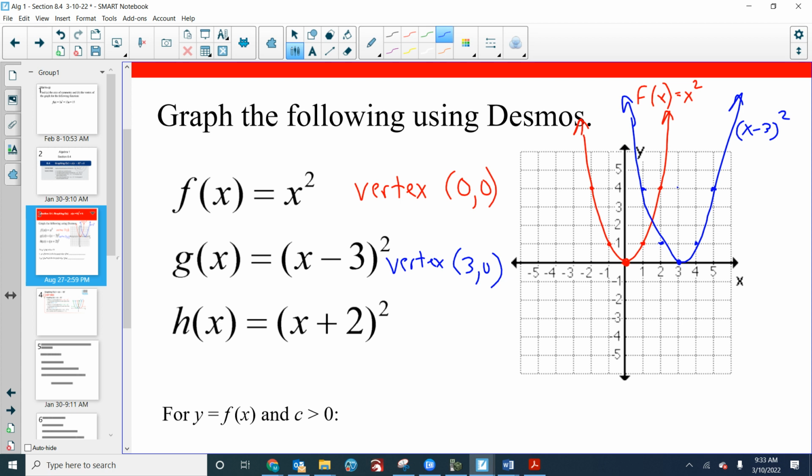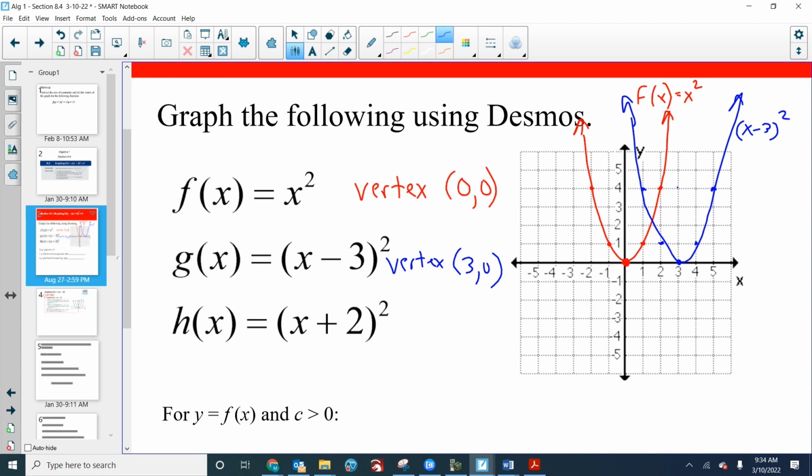What do you think's going on with our next one? It's x plus 2 quantity squared. It's in the parentheses, so it's going to be a left or right movement, right? What do you think, Aaliyah? 2 to the left. It's going to go 2 left.